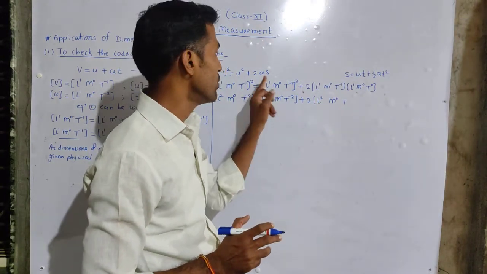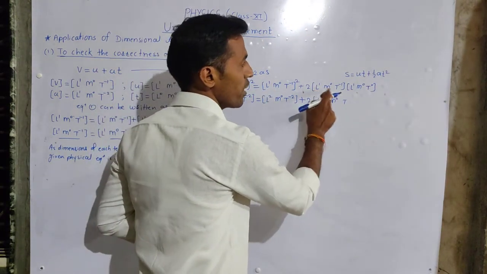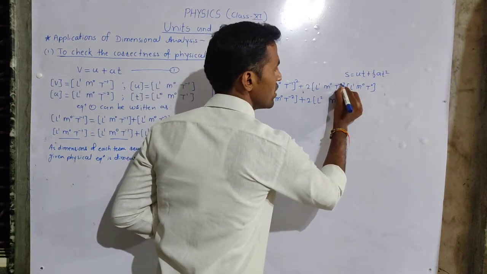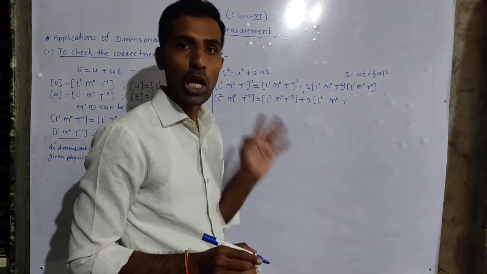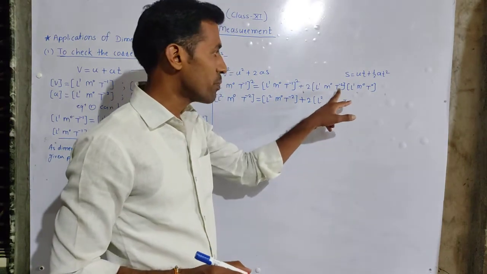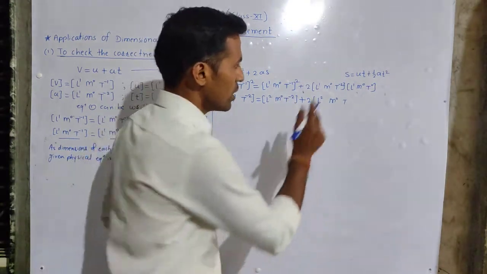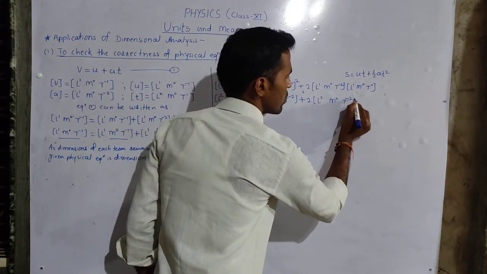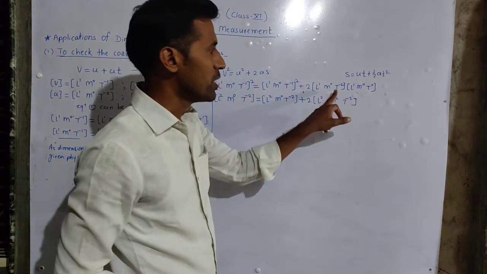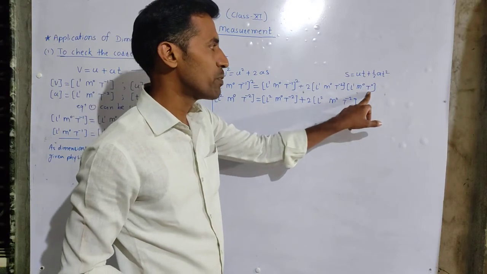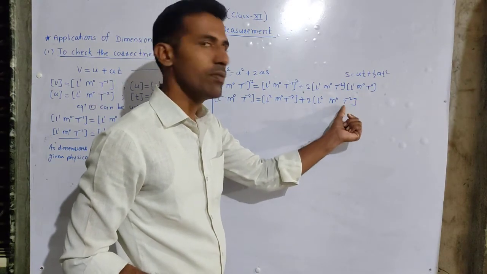The dimensions of acceleration are L1 m0 t minus 2, not t minus 1, because minus 1 is the dimension for the velocity. So it becomes minus 2. Here the power of t is minus 2 and here the power of t is 0, so minus 2 and 0, it becomes minus 2.